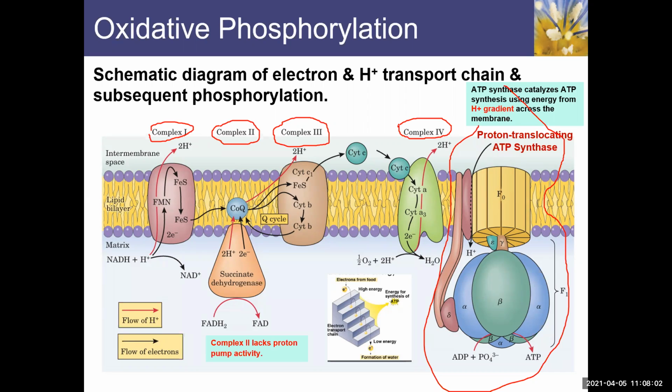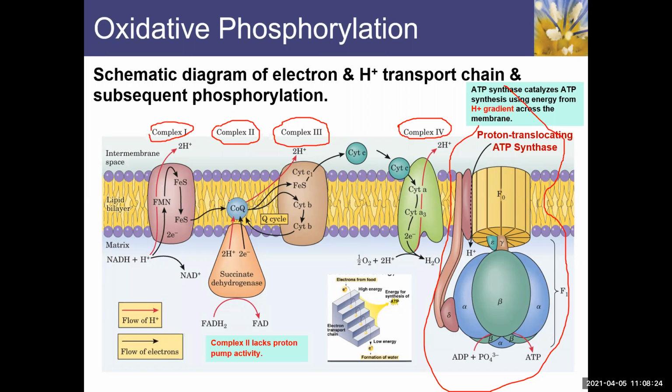So these are your four respiratory enzymes. Where are they present? They are present in the inner membrane of the mitochondria.